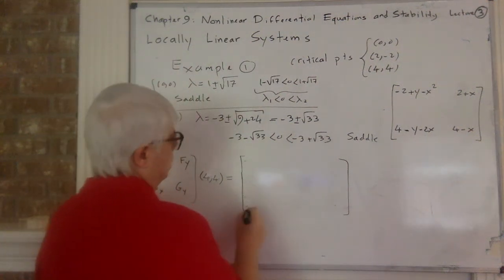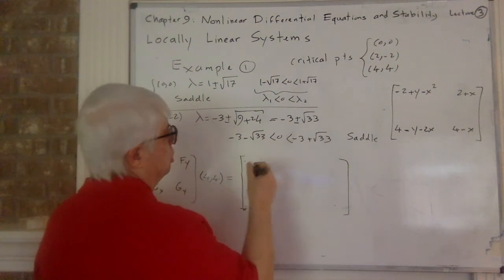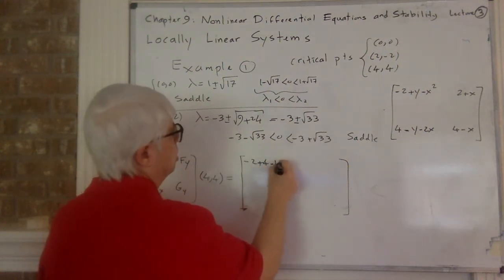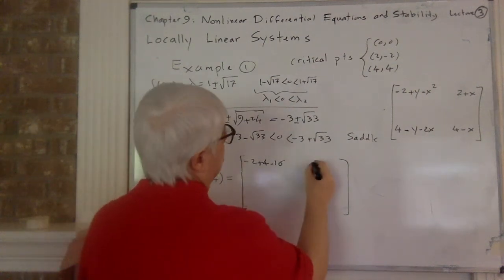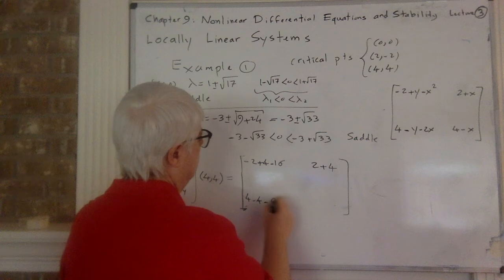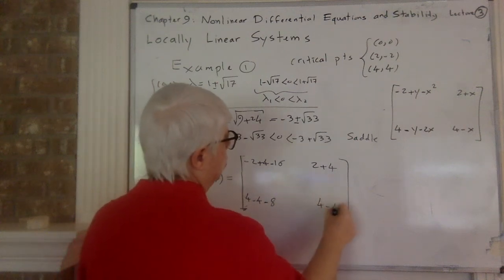So minus 2 plus 4 minus 16, they're both 4. 2 plus 4, 4 minus 4 minus 8, 4 minus 4. Oh, that's good.